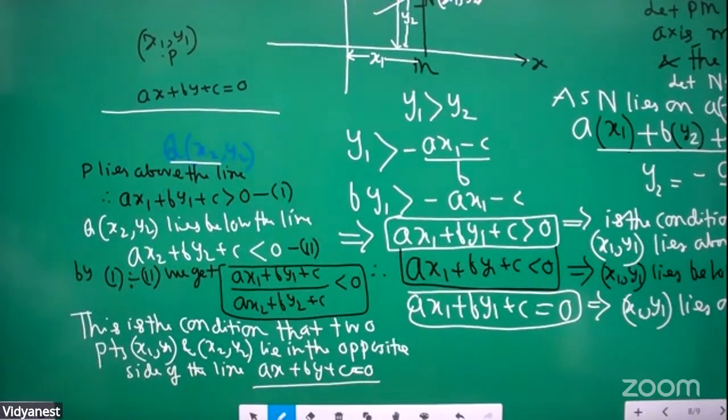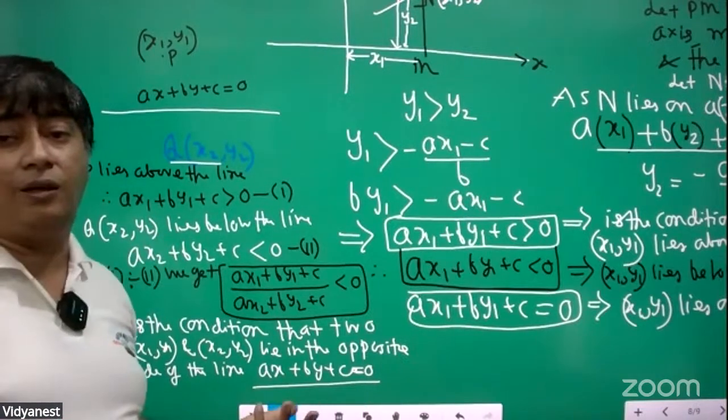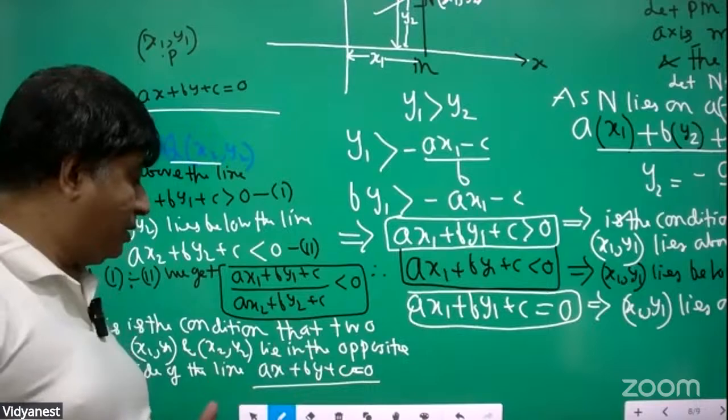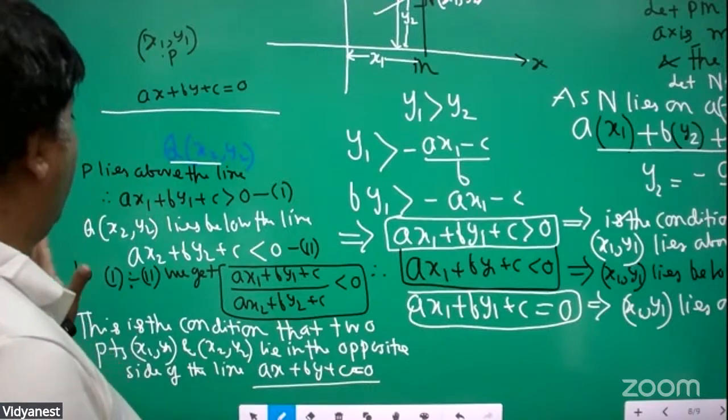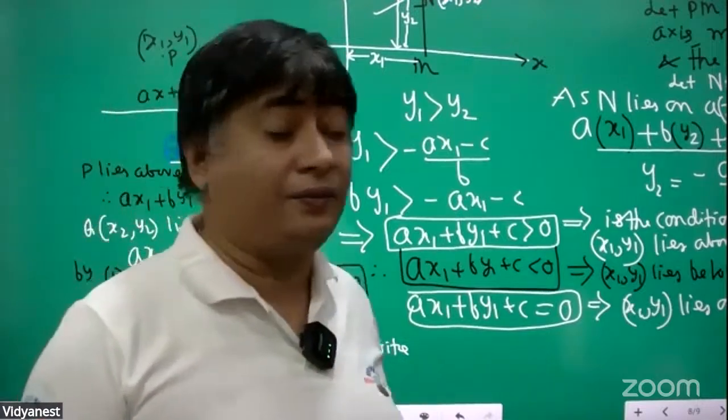This is the condition that the 2 points lie in the opposite side of the line with respect to each other. So what is the condition that the point lies in the same side of the line?